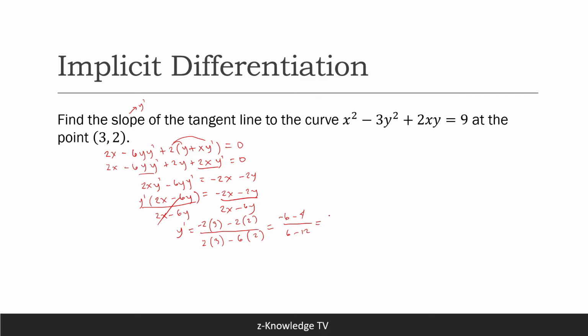So, magiging minus 10 over negative 6. So, cancel na itong negative sign natin. So, lowest term ng 10 over 6 is 5 over 3. Okay? So, therefore, ang slope natin o yung tinatawag natin na y prime ay 5/3.